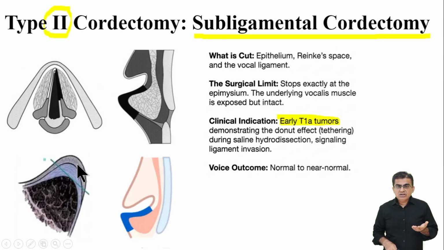If the tumor does not lift up and remains physically stuck to the deep tissue, we call this the donut effect. This tethering donut effect is your clear visual signal that the tumor has breached the ligament.